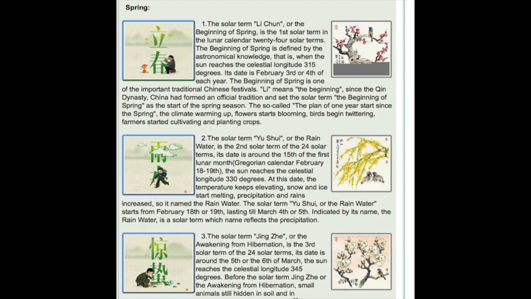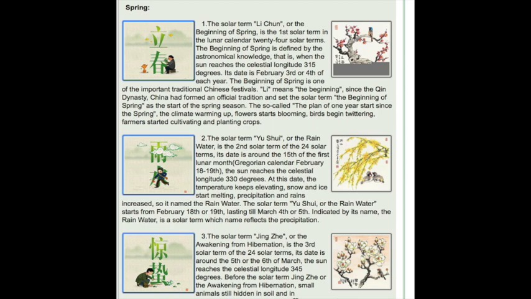Then the second one is 雨水 or the rainwater. It's the second solar term of the 24 solar terms. Its date is around the 15th of the first lunar month. So Gregorian calendar, February 18 to 19.